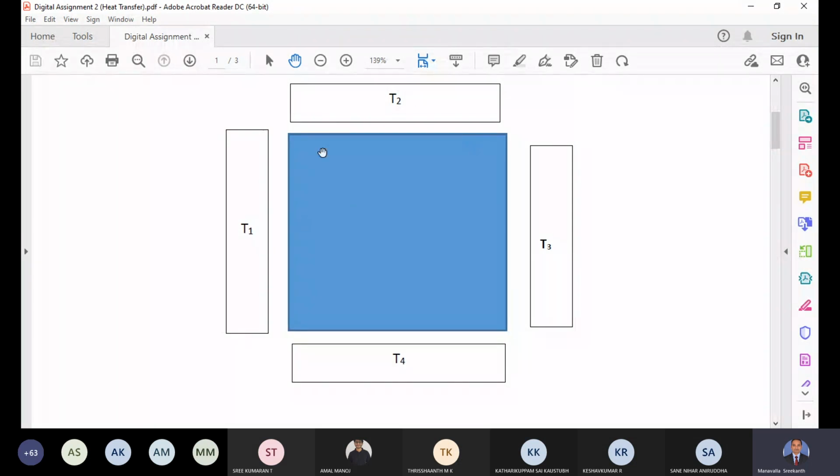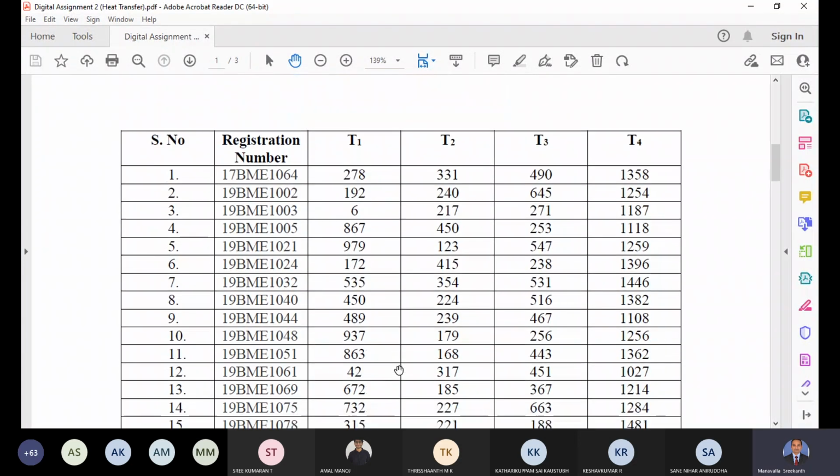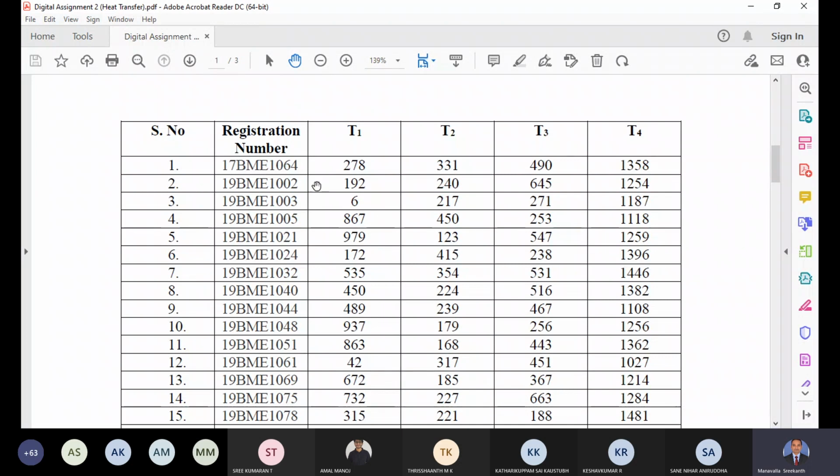So left side is T1, top is T2, right is T3, and bottom is T4. There is also a table of values, so each one of you has a different temperature. For the first person, 17 VME 1064, T1 is 278, T2 is 331, T3 is 490, T4 is 1358. These numbers were obtained randomly using a random function in Excel.